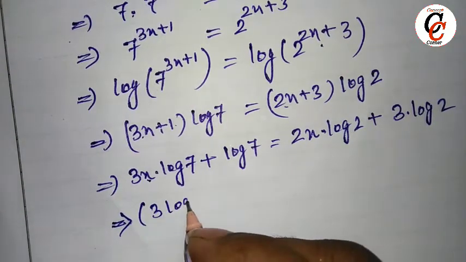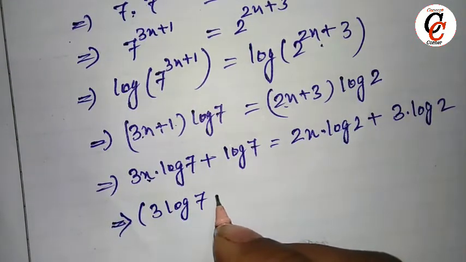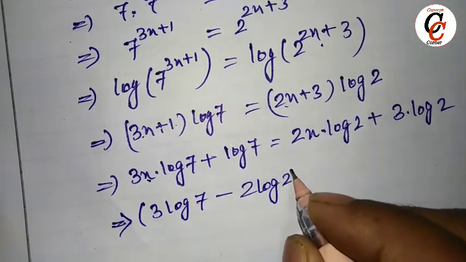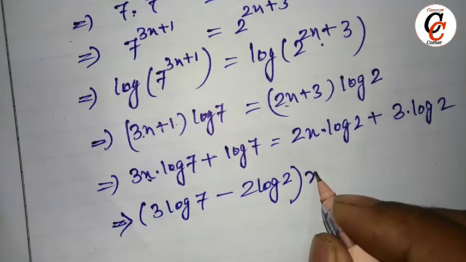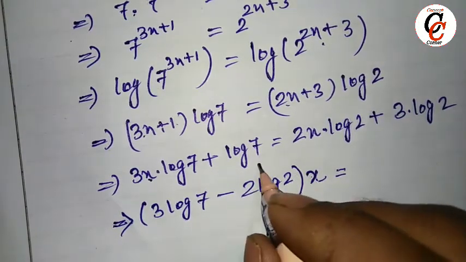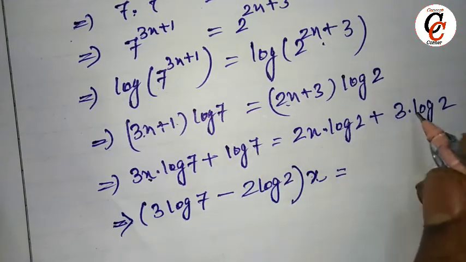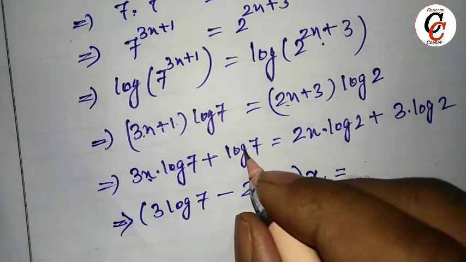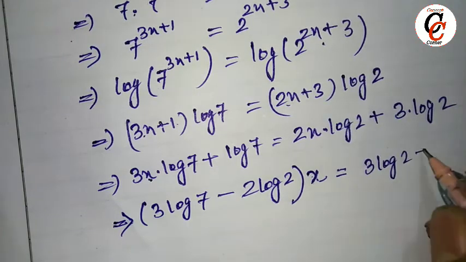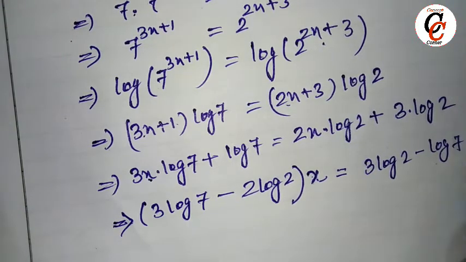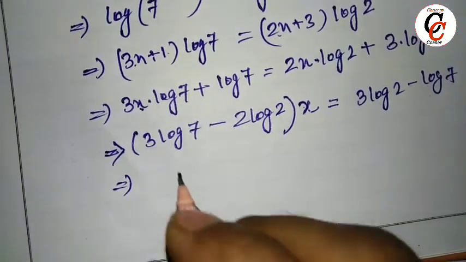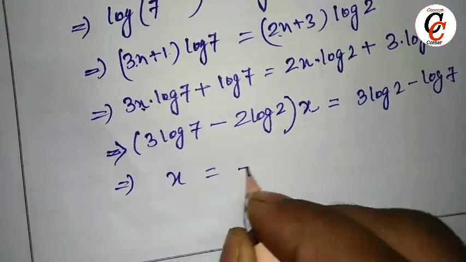Now see the x terms, in which x is common, here and here. If we take this term to the right side, we can write x is common: 3 log 7 minus 2 log 2, into x. And here x is common, and here 3 log 2.